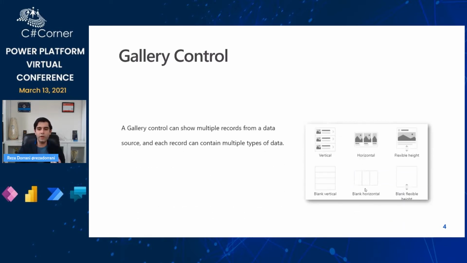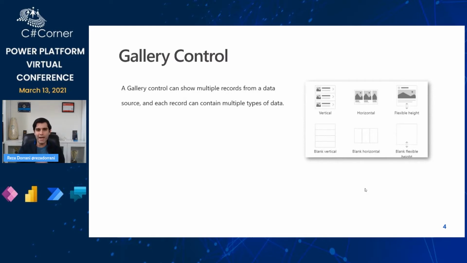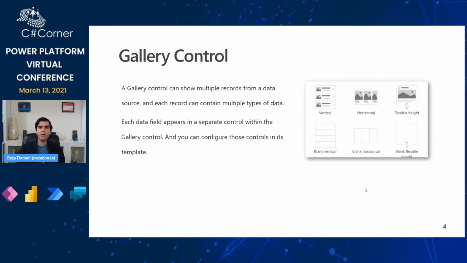So what's the gallery control in Power Apps? A gallery control in Power Apps basically allows you to show multiple records from a data source. And each of these records can have multiple types of data that you can showcase in galleries. Gallery is more like a repeating table. For folks who are accustomed with InfoPath, they would have known about repeating tables. Galleries work on similar lines.